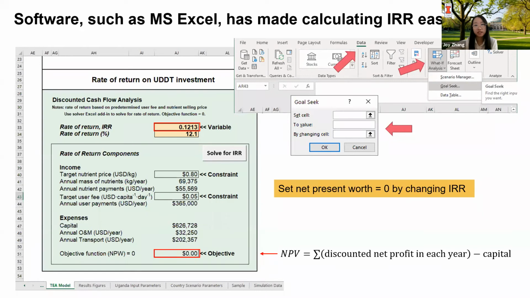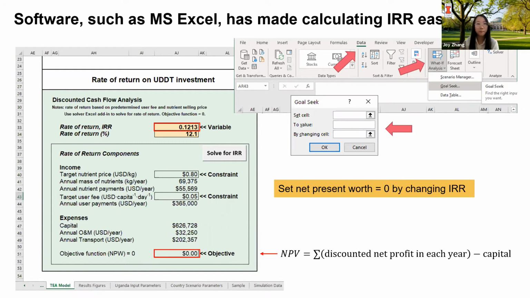We need to set a cell to a certain value by changing some other cells. In the Set cell box, we input the cell where we put the net present value equation. Then we set it to value 0 by changing the cell where we put the IRR values and click OK. Then we'll be able to see the IRR that the Goal Seek function solves for us.